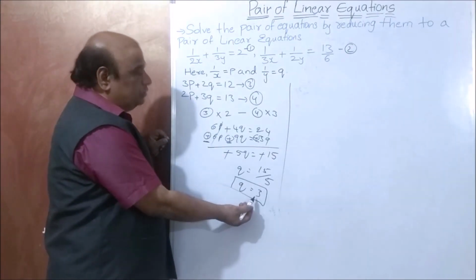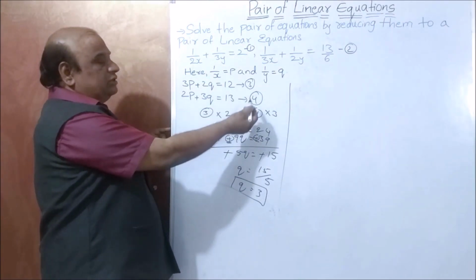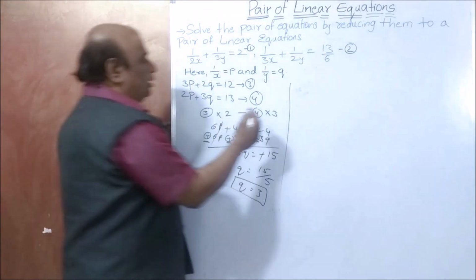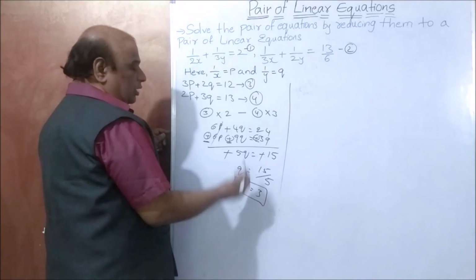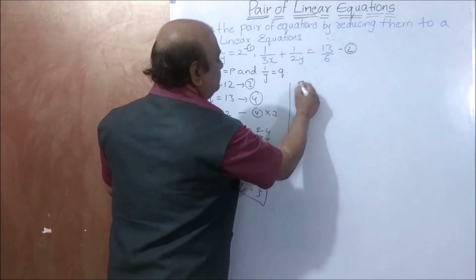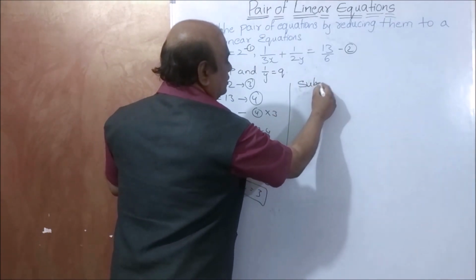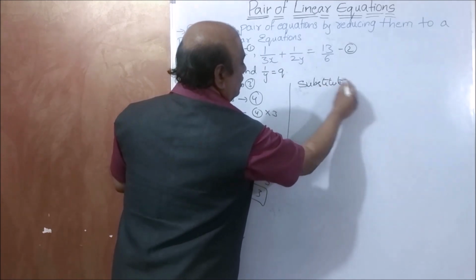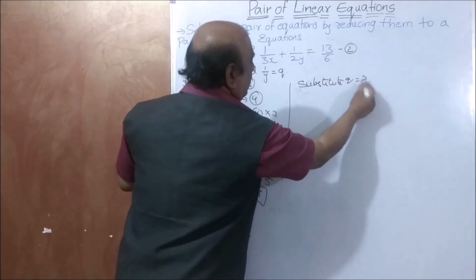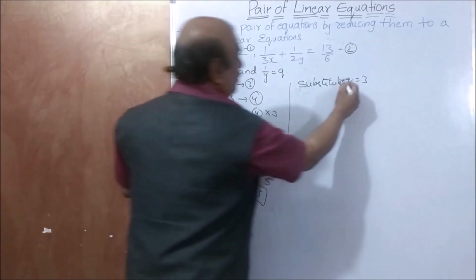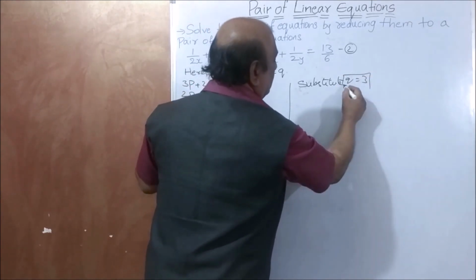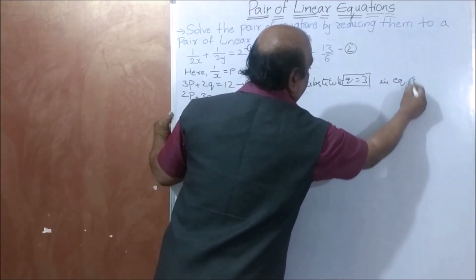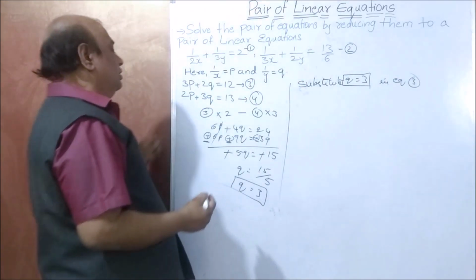You substitute q is equal to 3 in the third equation or fourth equation, then you can get the p value. Here I substitute q is equal to 3 in equation 3.